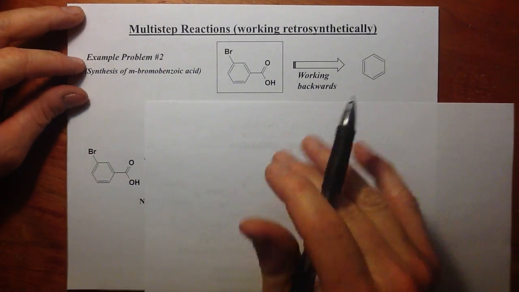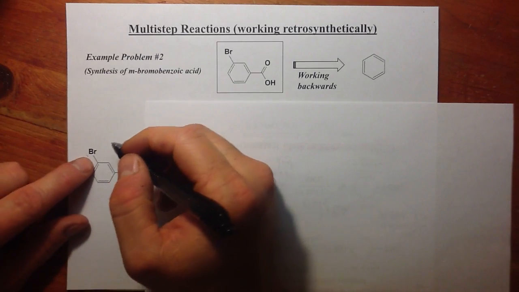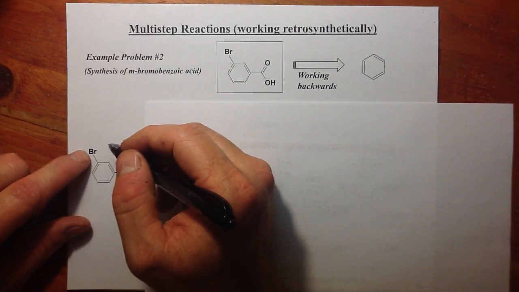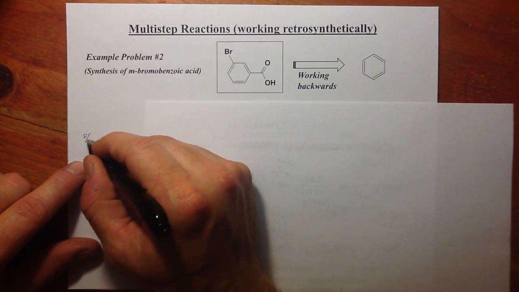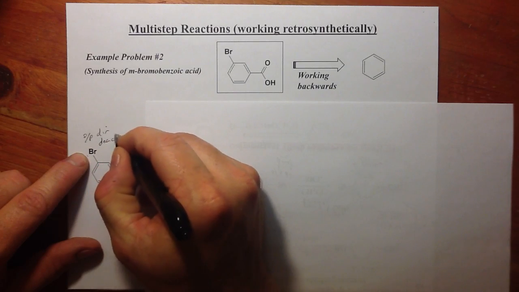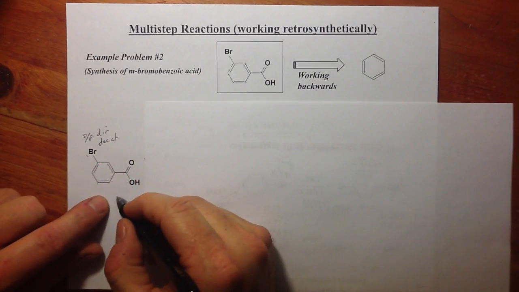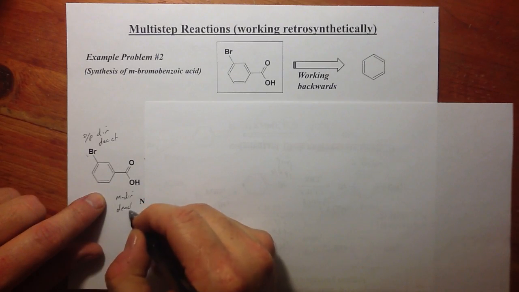Well, the thing you probably want to do is to tag these groups to know if I have it on, how would that affect any other EAS reactions. So this is an ortho-para directing deactivator, we know that. This would be a meta-directing deactivator.